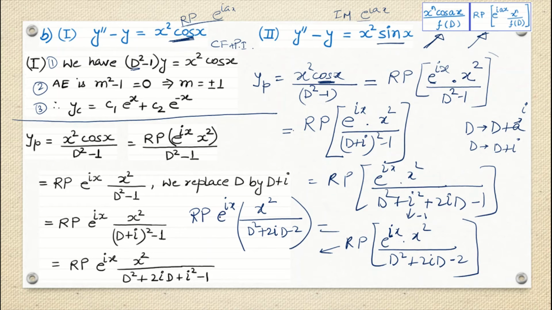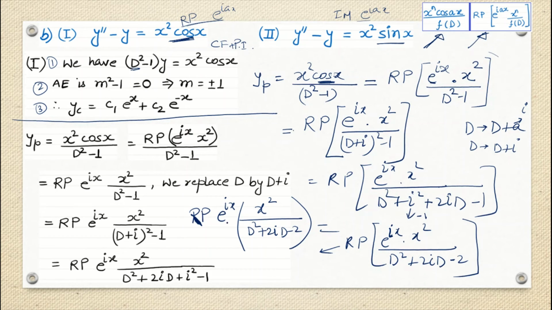In the last class we had seen that we'll keep e raised to ix till the end, and we work on this part, which is now my fresh PI. The real part we will write only at the last step, and the imaginary part in case of sine x.